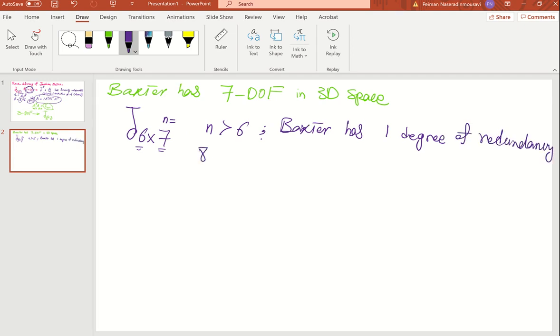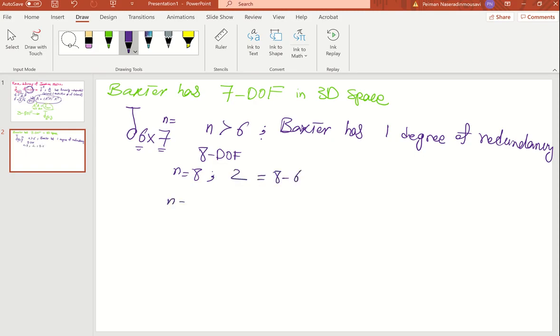If you have an 8 degree of freedom robot, and we do have one in the lab, I have an 18 degree of freedom robot like a rescue robot. So its n is 8. How many degrees of redundancy do I have here? 2, because 8 minus 6 is 2.